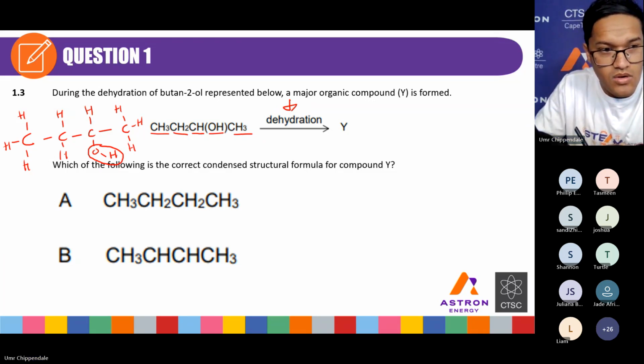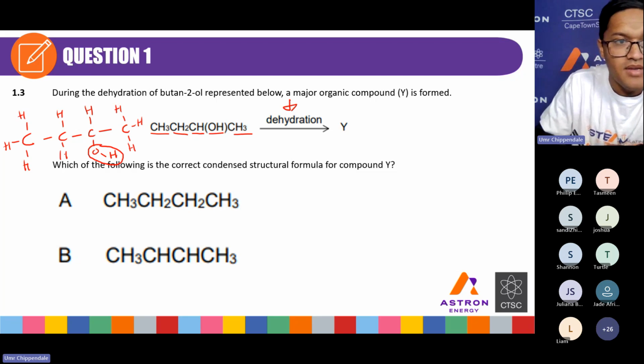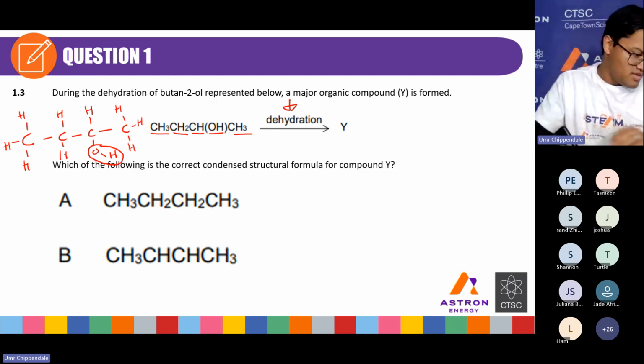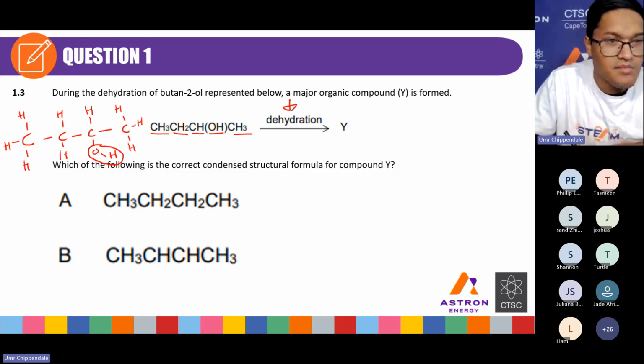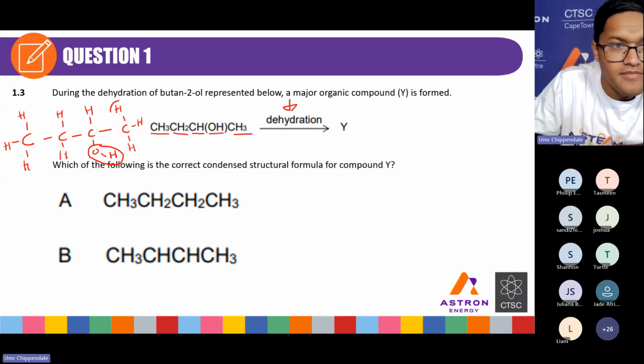So, bringing out my pen again, it can be on the right-hand side or the left-hand side. Let's say, for instance, I take this one over here.